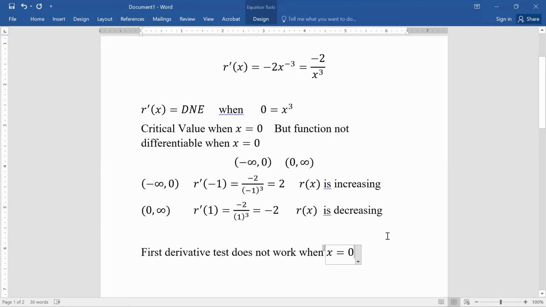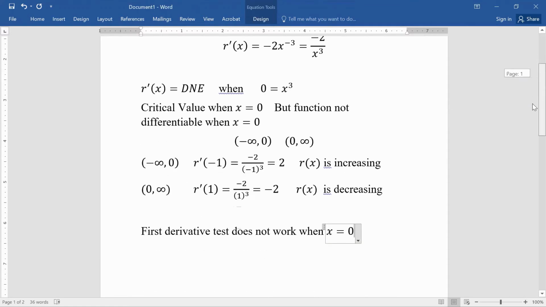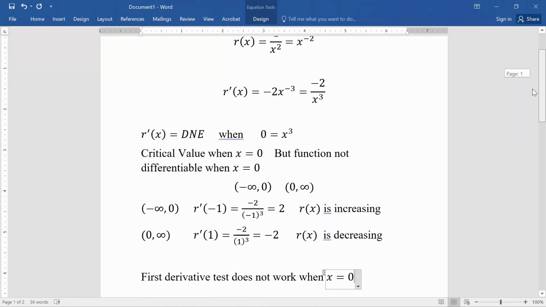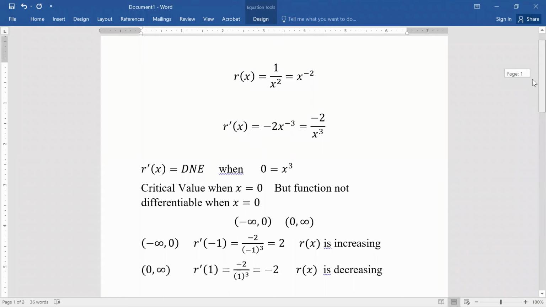And so the limit as x goes to 0 of r of x is infinity. And therefore, we actually don't have a maximum or a minimum for this r of x function. So be careful about that.